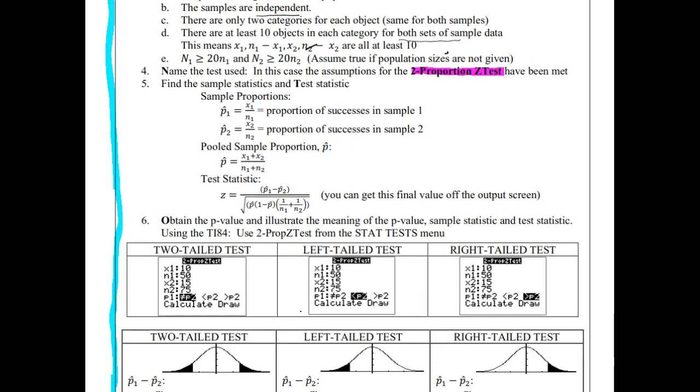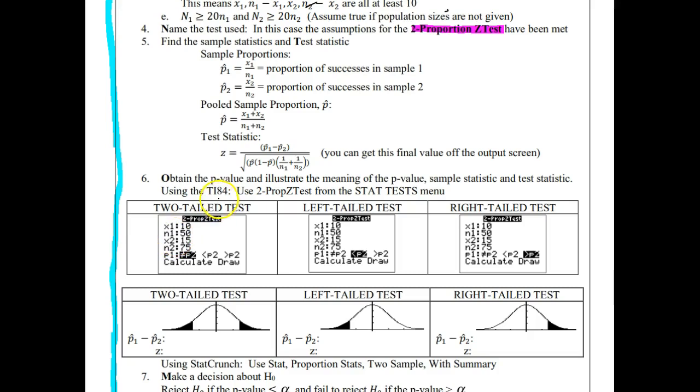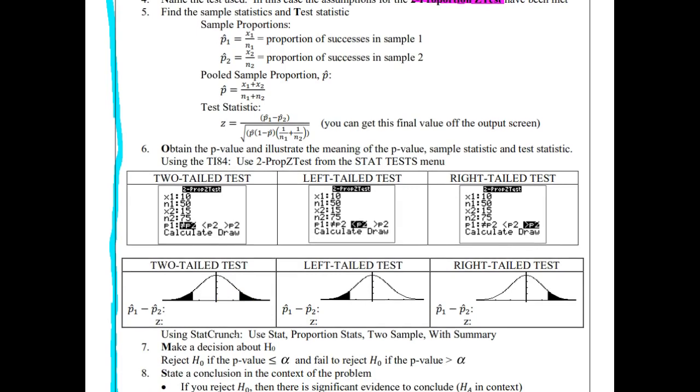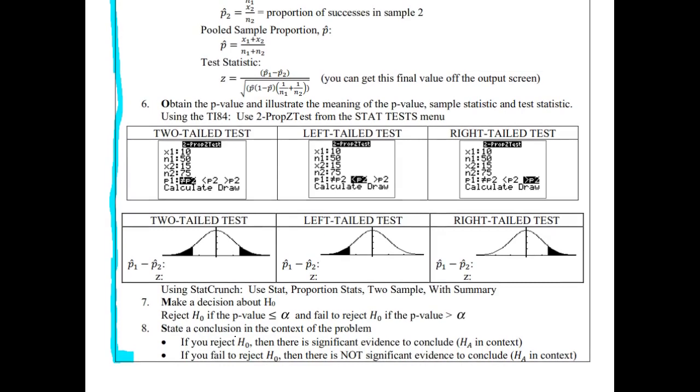Our sixth step is to obtain the p-value, so we're going to use technology to get that, whether that's our TI-84 or StatCrunch. And then once we have that p-value, we are going to again be looking at these pictures of the sampling distribution to make sense out of all of the values for our statistic, test statistic, and p-value. Our seventh step is to make a decision.